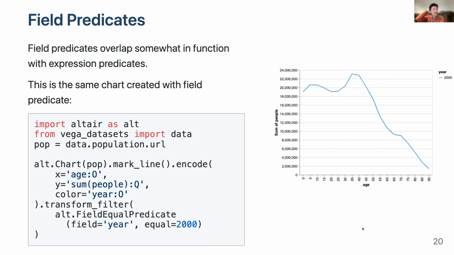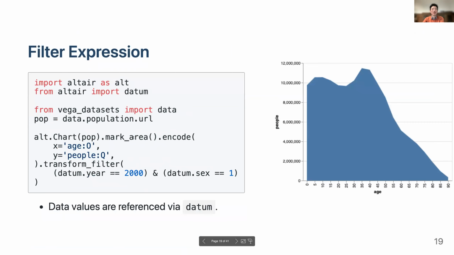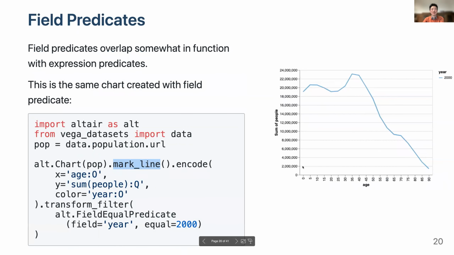Okay, and here there's something called field predicates, which can do something similar to a filter function. We're creating a chart very similar to the previous one, and we change the mark to line instead of the area before. But it's really the same data.